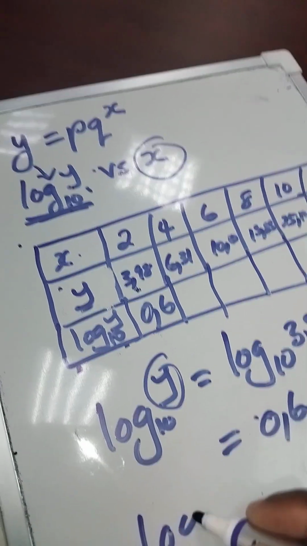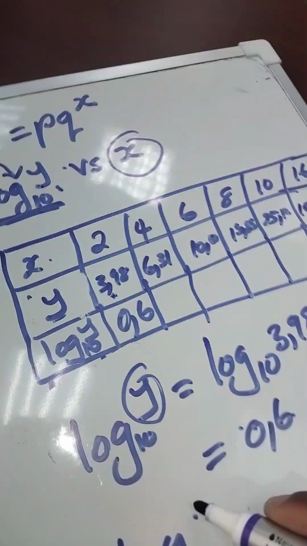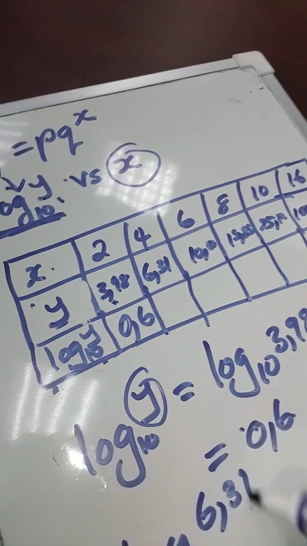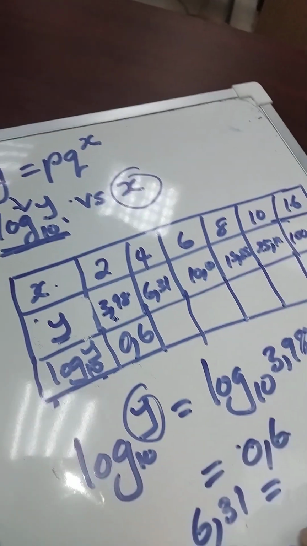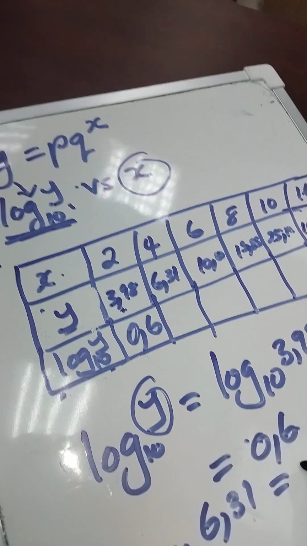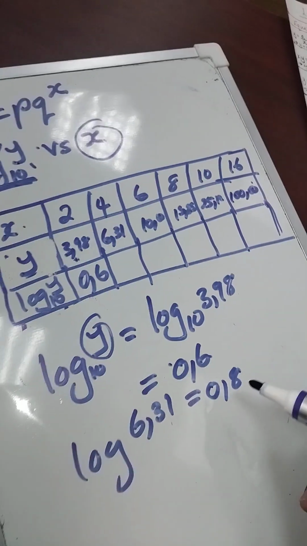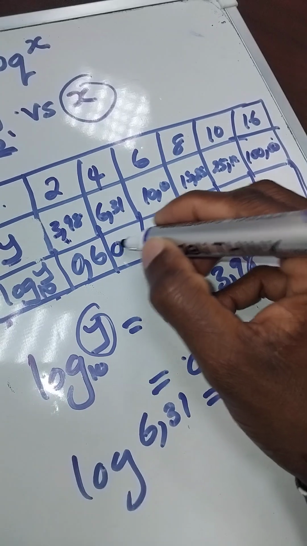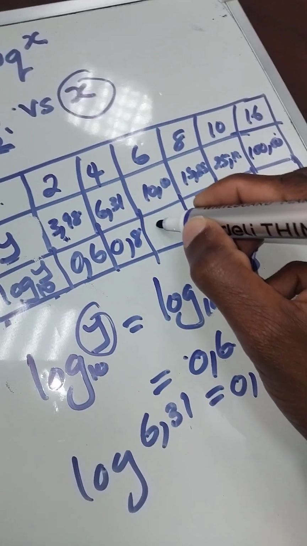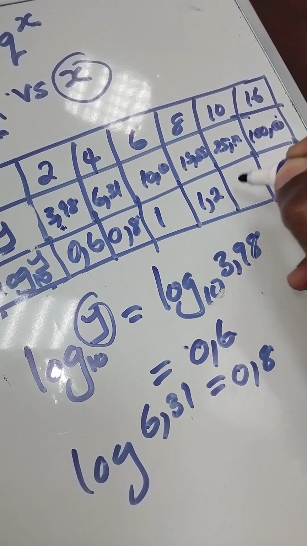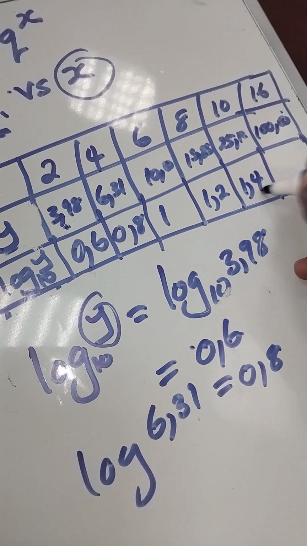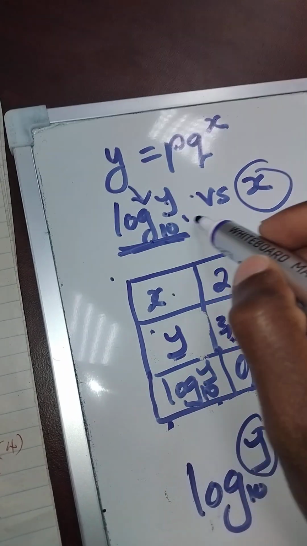Then log of the next value, 6,31, gives 0,8 on the calculator. So we get 0,6, 0,8, 1, 1,2, 1,4, 2 for log y base 10.